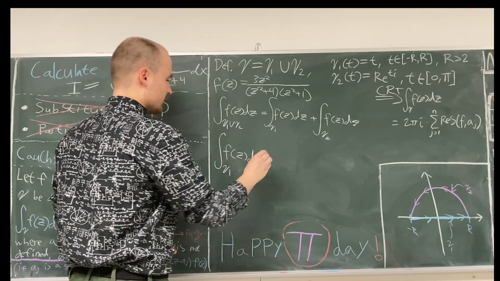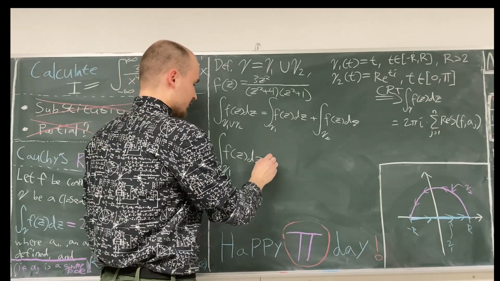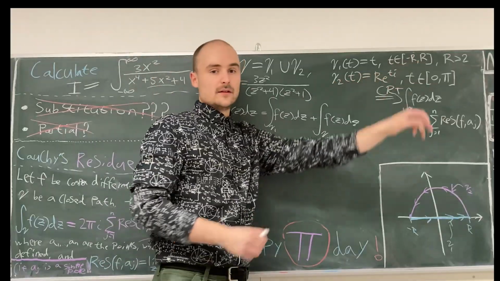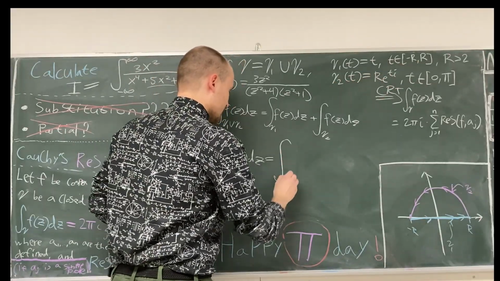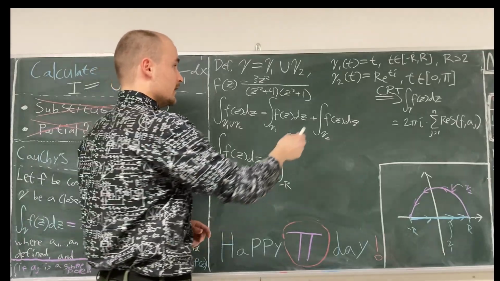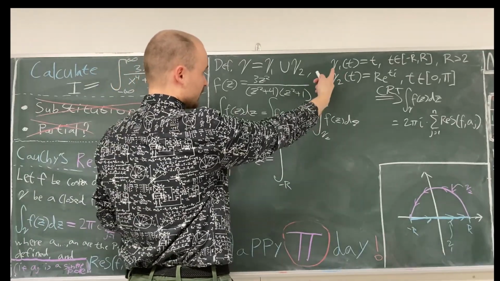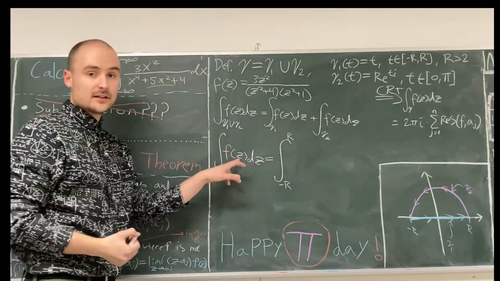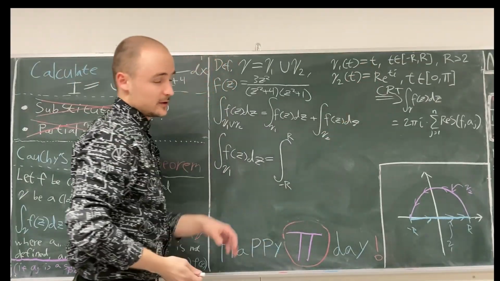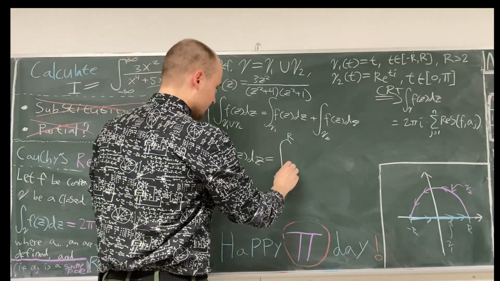So the integral over gamma 1 of f of z dz is going to be equal to, well, we insert the limits. So it's going to be the integral from minus r to r, and then we insert gamma 1 into z's place, and then we also multiply by the derivative. But notice the derivative is just going to be 1.